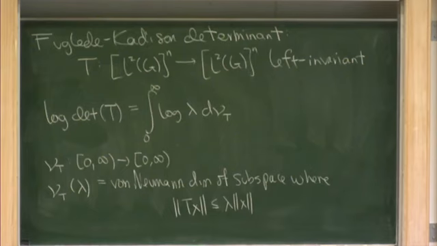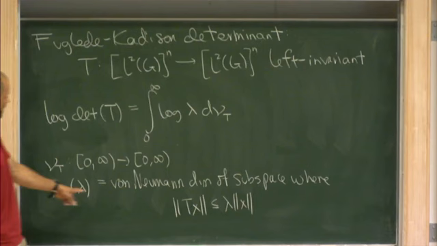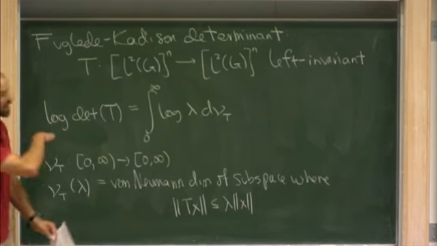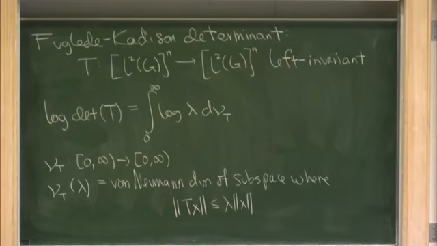Okay, so why is this an appropriate thing to call a determinant? Well, let's just think for a second that we actually have just a matrix over R, and I want to compute its determinant. Let's suppose that it's a symmetric matrix. So all of its eigenvalues are real, and it has an orthonormal eigenbasis. And so what is this function? Well, it's going to be constant unless you hit one of those eigenvalues, or the absolute value of an eigenvalue, right?